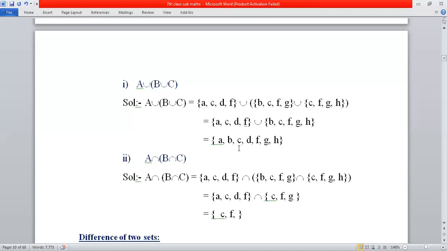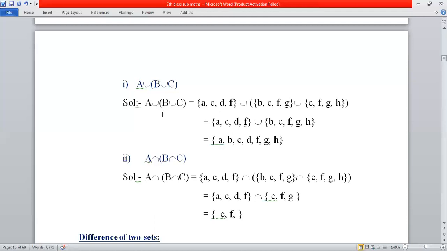C is common in both, so we write it once. If you do not follow the order and you write the union of the sets correctly, it will be considered correct. It will not be considered wrong. So C is common in both, so we write one time, and then you write D, and F is common in both, you write one time, and G and H. So this is the union of these three sets, A union B union C.